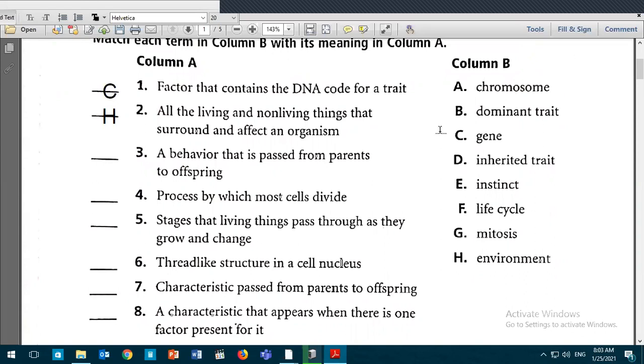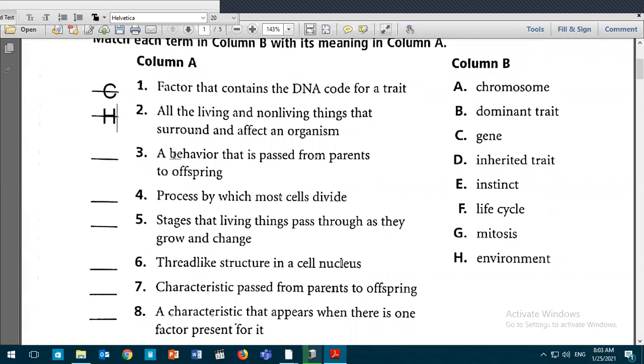Okay, you're having a problem with reading all the options. So in here, you can see 2 options in front of you. You have inherited trait or instinct. What do you think is going to be the closer one to the true answer, inherited trait or instinct?